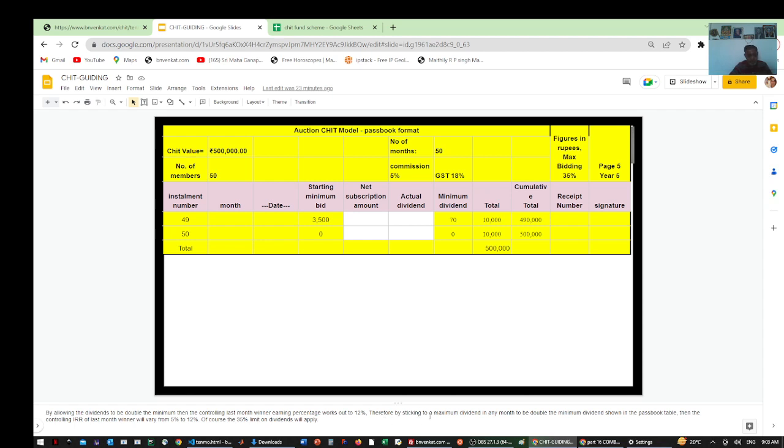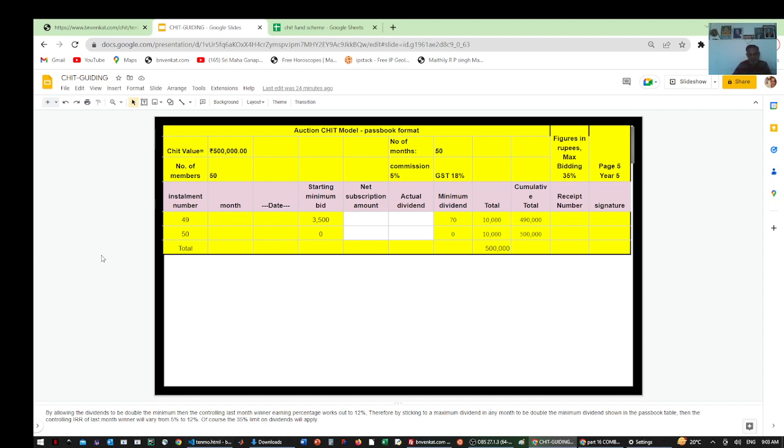Therefore, by sticking to the maximum dividend in any month being double the starting minimum dividend shown in the passbook, the controlling IRR of the last month winner will vary from 5% to 12%. It will be a minimum of 5% and a maximum of 12%. Of course, the 35% limit on dividend will apply.